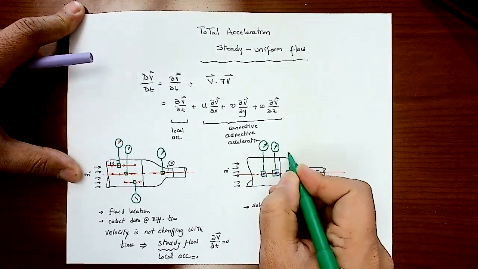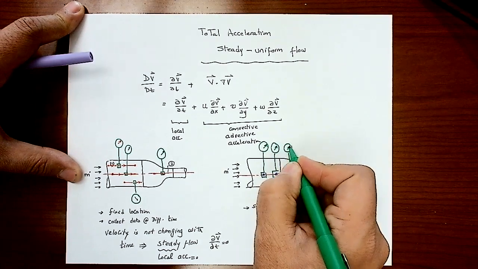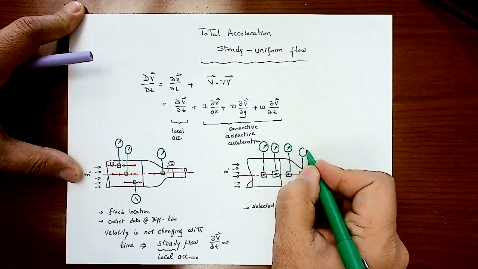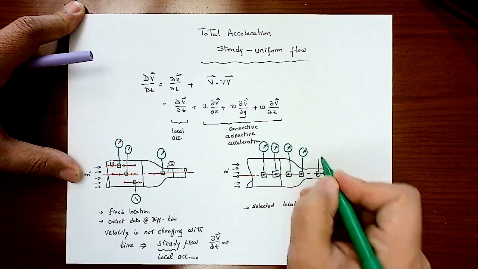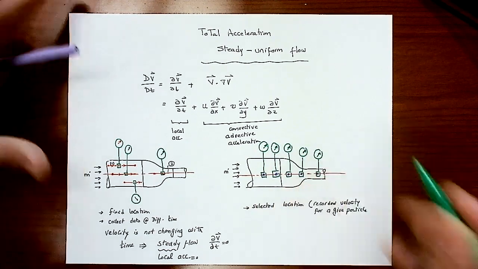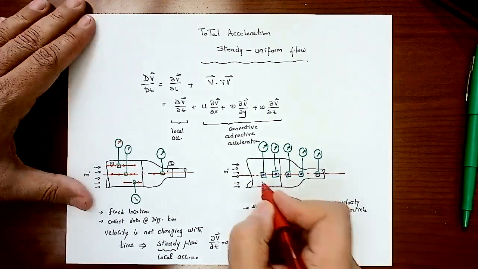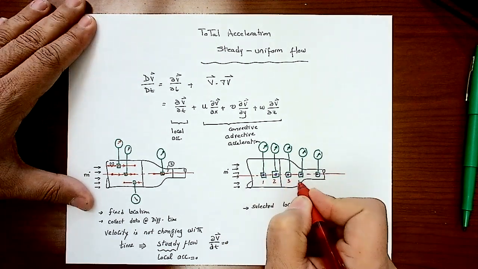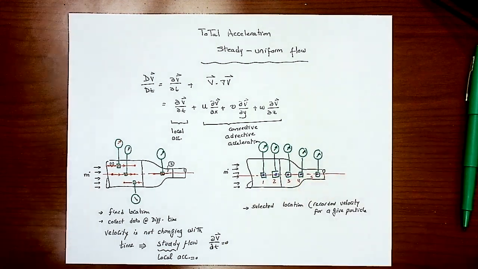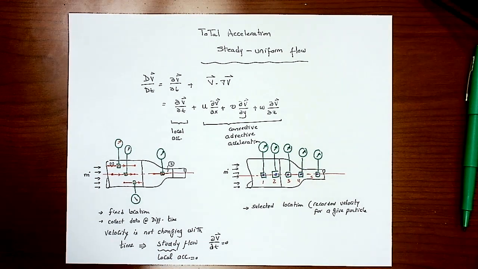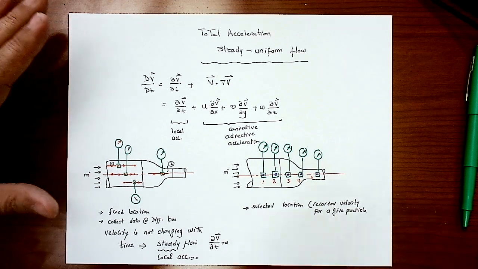What I'm trying to figure out now is how the velocity would change with location. I'm going to call that location 1, 2, 3, 4, 5. So I picked 5 locations, focus on the same particle and record the velocity. So what happened between 1 and 2?